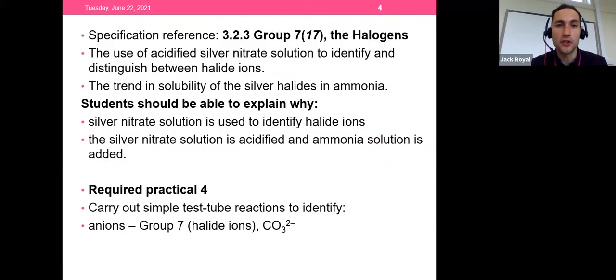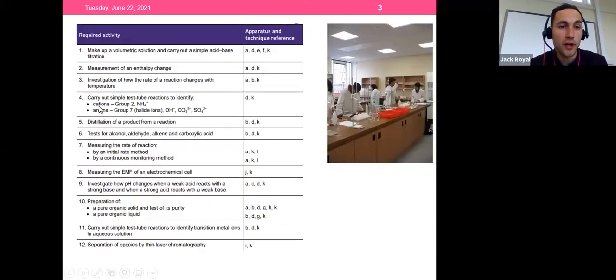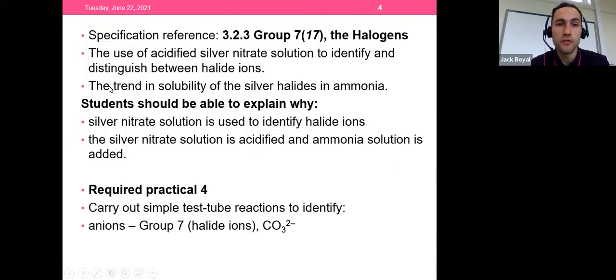In today's session, we're going to be looking at required practical 4, which is linked to the group 7 ions test. The group 7 ions test is something that you may have looked at at GCSE, where you test for the halide ions: chloride, bromide, and iodide.